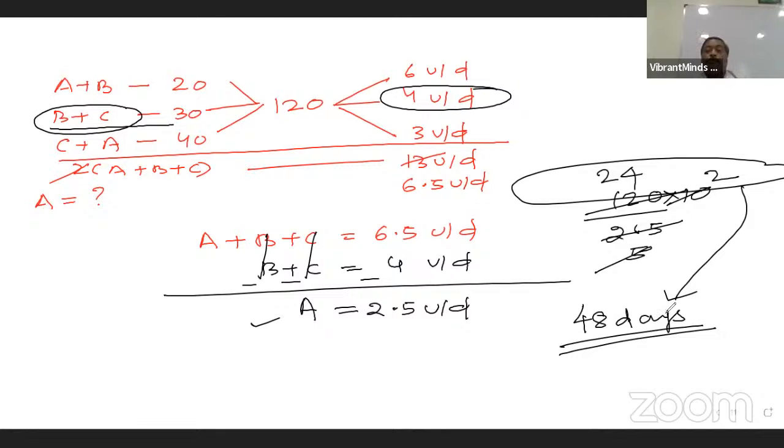Now see. Another type of question which we will see is a substitution type question. Let's see.